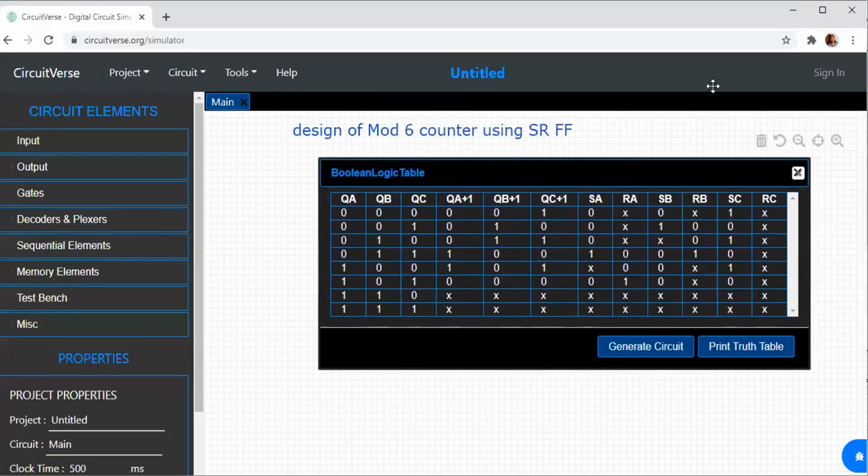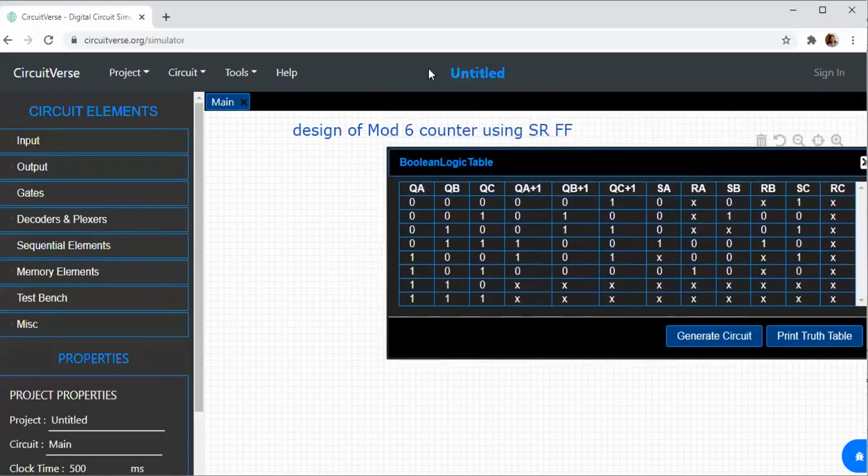Now first we have to write the K-map for what? You have to take the inputs QA and QA plus 1 and write down the K-map for SA and RA. Next we have to take the inputs QB and QB plus 1 and write down for SB and RB.